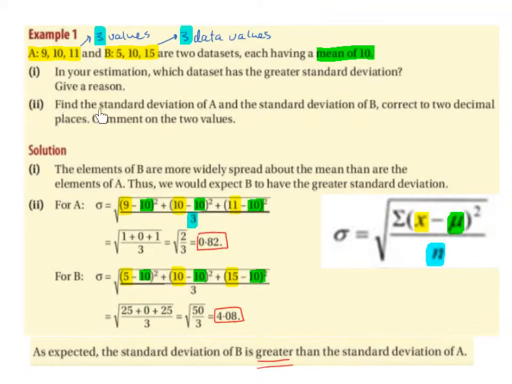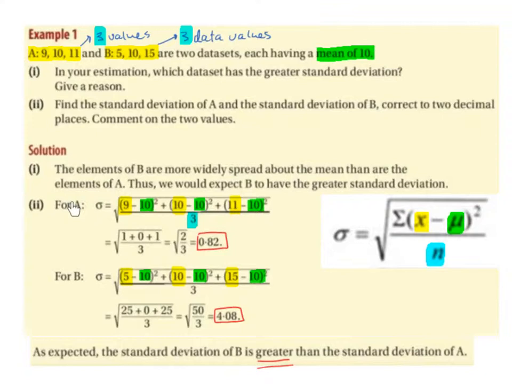Part 2. Find the standard deviation of A and the standard deviation of B, correct to 2 decimal places. Comment on the two values. So we're going to use our formula, which is sigma is equal to the square root of the sum of x minus the mean squared, all divided by n, the number of values.